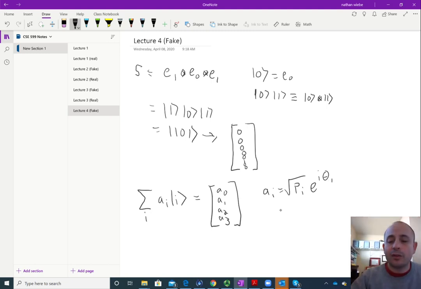Where, again, the sum over all p_i has to be equal to 1. All right, and so that's basically Dirac notation in a nutshell.